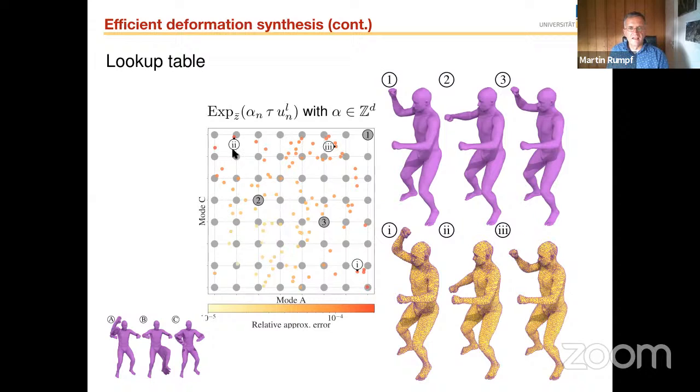And with the lattice points 1, 2, 3, we see multilinear interpolations of these reconstructions. And if you look here at the point cloud on top, that's a perfect match. So there is almost no interpolation error.